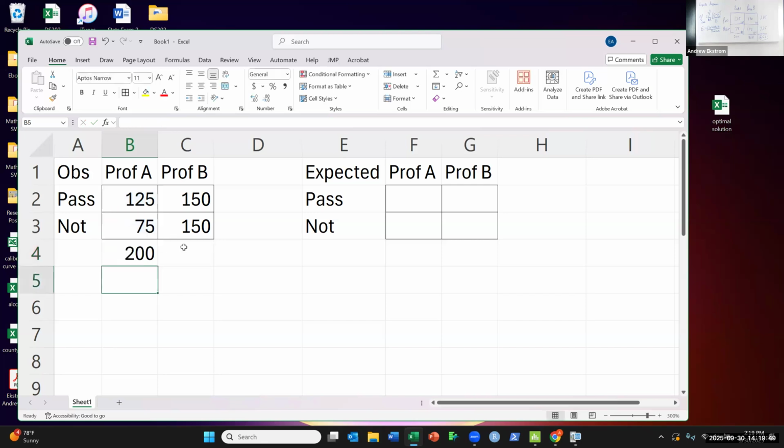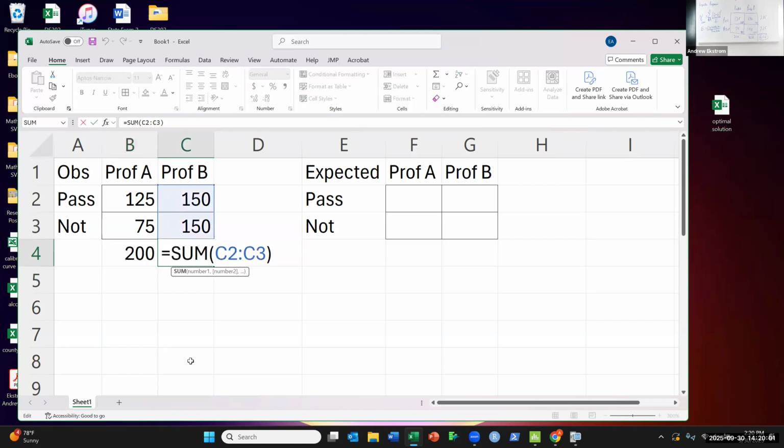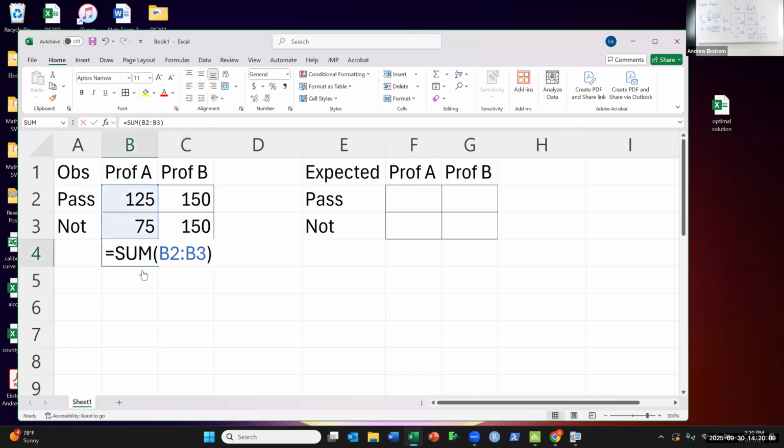And then I'm just going to hit enter. So once I've got that into that one cell, I can actually take it, drag it over, and it's automatically going to change the references it's looking for to C2 and C3. Originally, it was looking at B2 and B3.